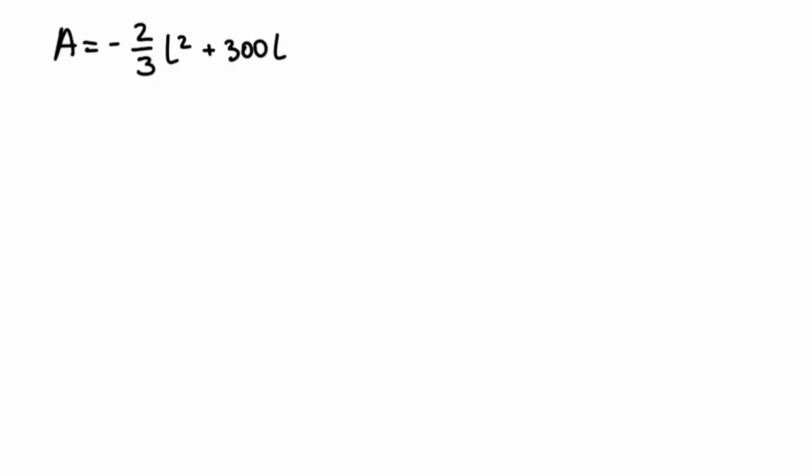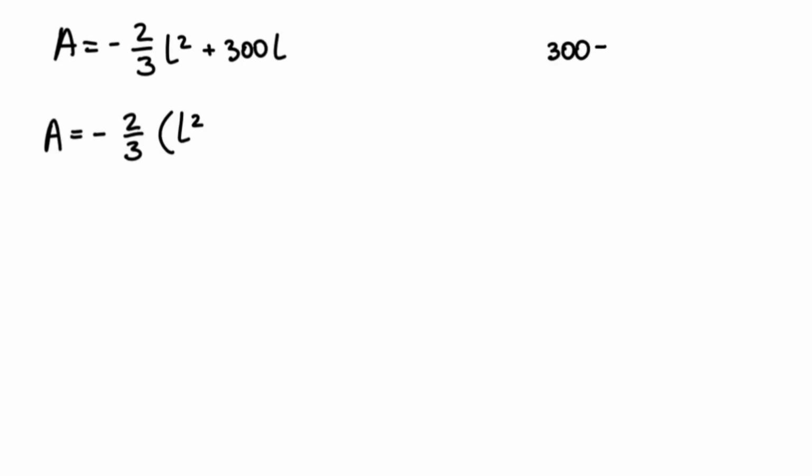In order to convert this equation from the standard form into the vertex form, we can do the completing the square process. So here, we're first going to common factor negative 2 over 3. And then inside the bracket, we'll get L squared. And let's do the division by negative 2 over 3 on the side.